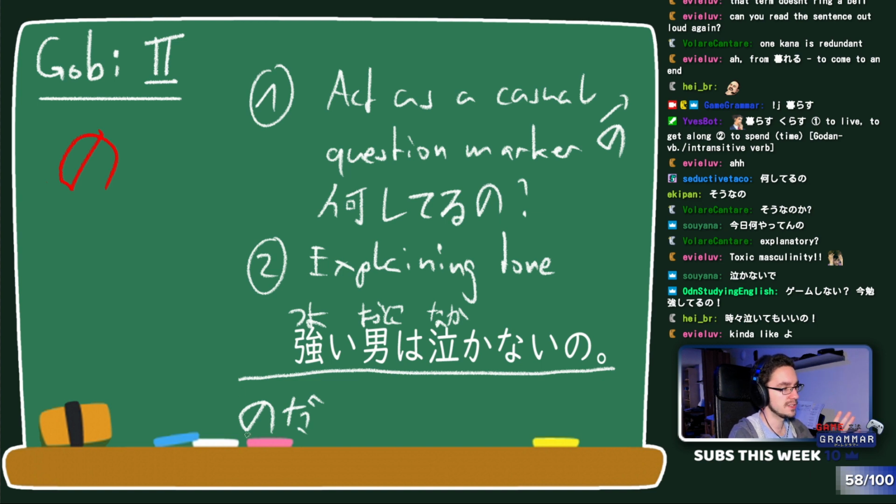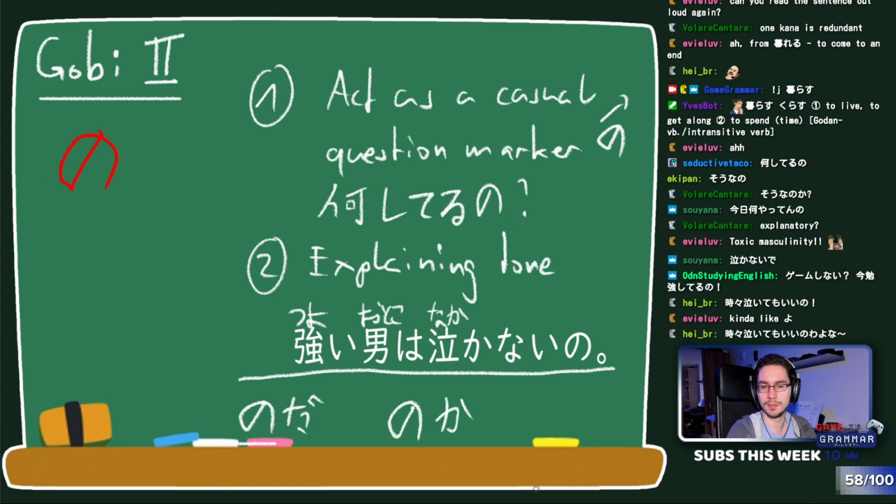The reason I keep this a little bit different is that, grammatically speaking, what you're doing here is mostly using no to nominalize and then using the copula to make a statement about that nominalized action. You can also use noka, which ironically makes it a very strong question. Like, やんのか? You wanna fight? That's pretty provocative in the way it sounds.